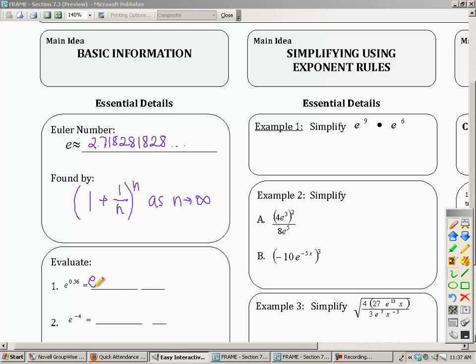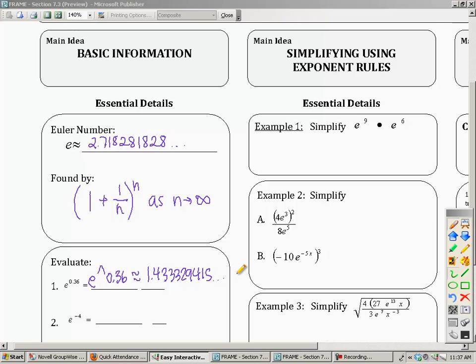I'm going to take in my calculator E and then use my caret key, 0.36, and approximate this. You end up getting 1.433329415. I think that's what your calculator shows you. Now here's the problem. This decimal keeps going on, and so this is only an approximation.